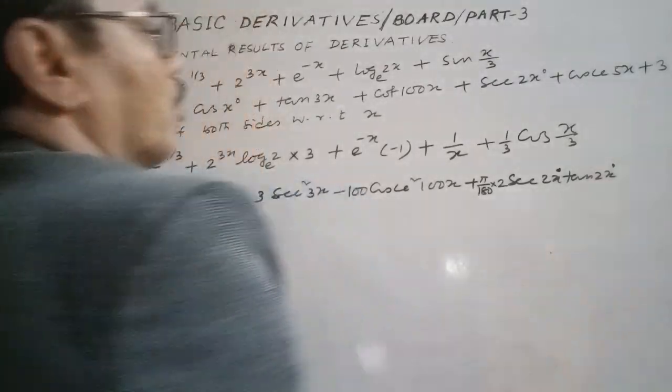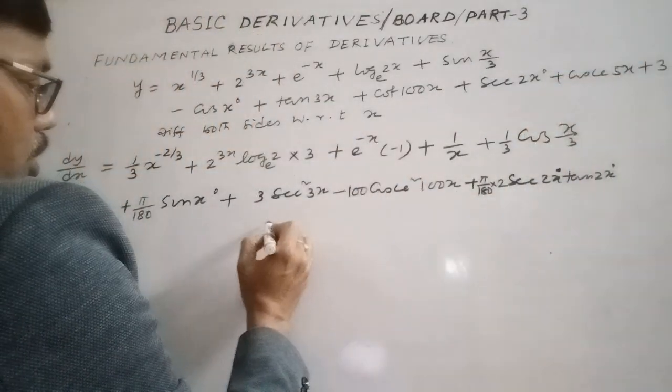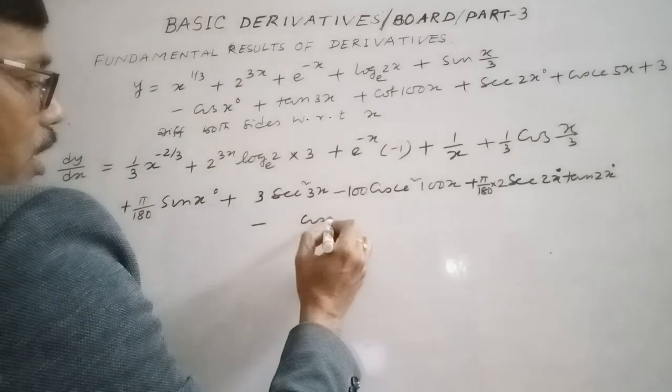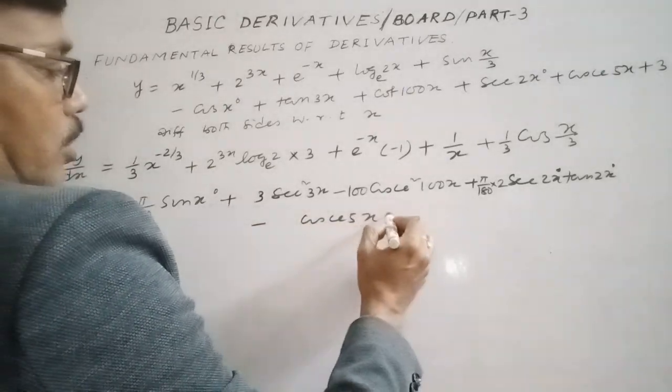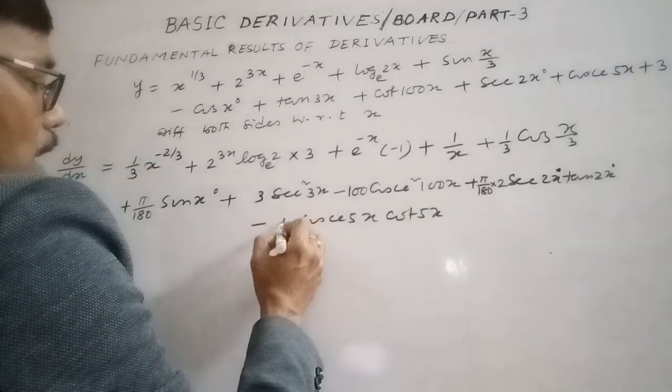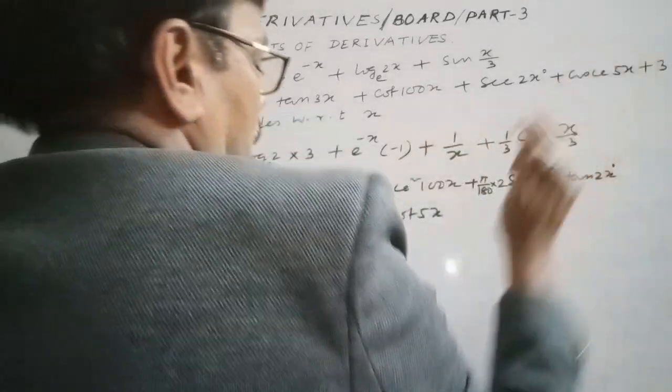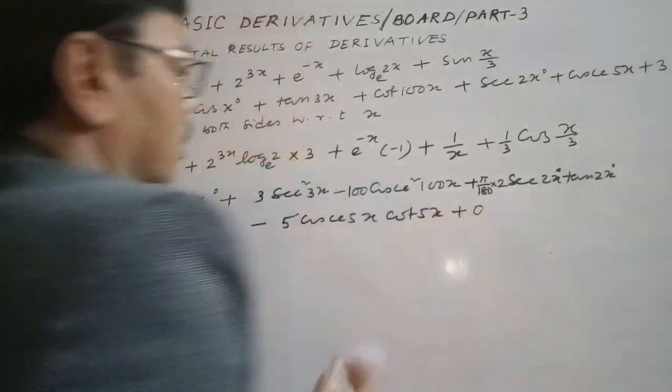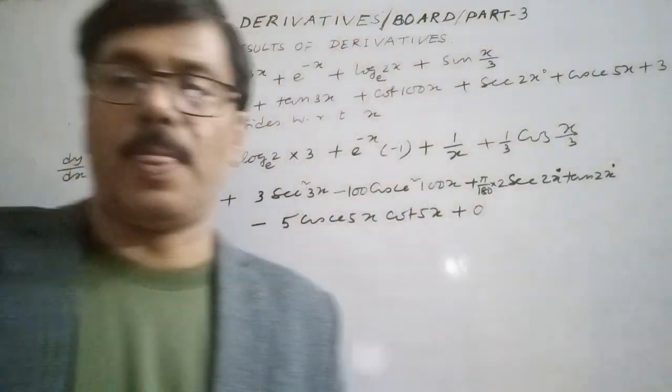So coefficient of x is 2 pi by 180. And cosec 5x starts with c, so it is negative cosec 5x into cot 5x multiplied by 5, and constant function 0.